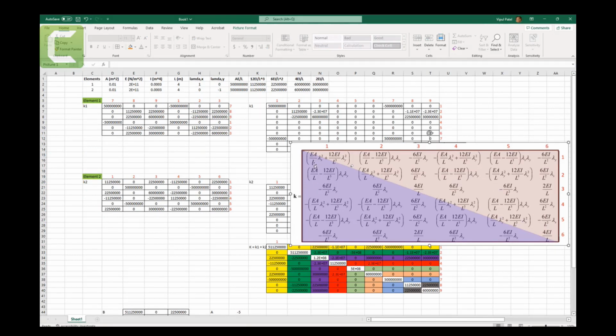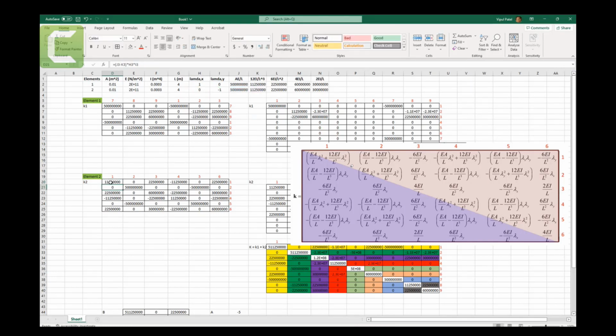We can do it: AE on L times lambda X squared, plus 12 EI on L cubed times lambda Y squared. And your lambda Y is negative, squared, so that becomes positive.